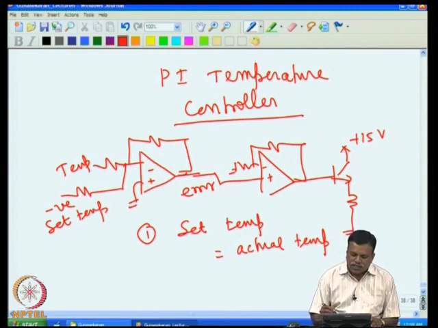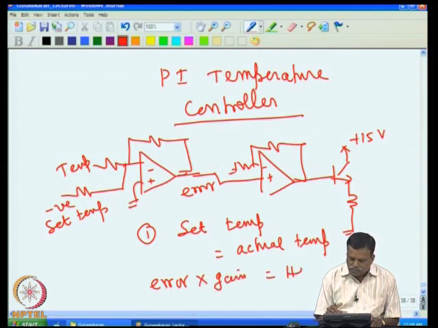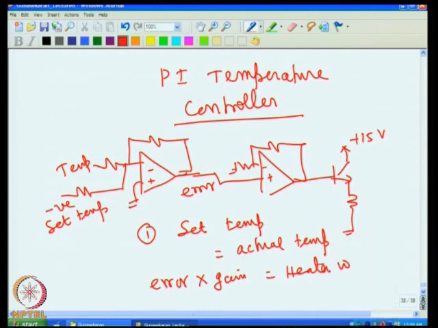The difference depends upon how much gain you had given. Essentially the error into the gain is the heater voltage. Since we always need a heater voltage and the gain is not infinity, there is always an error.